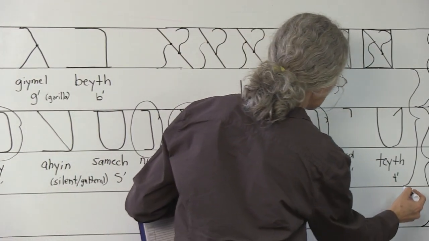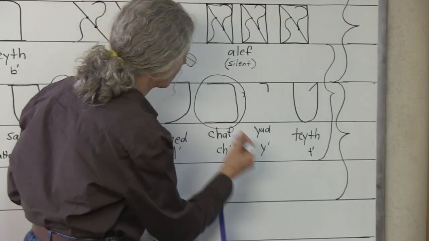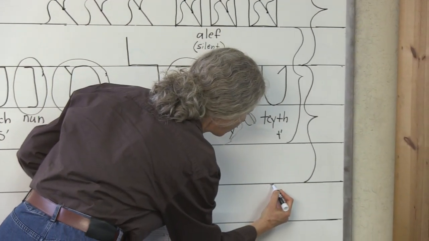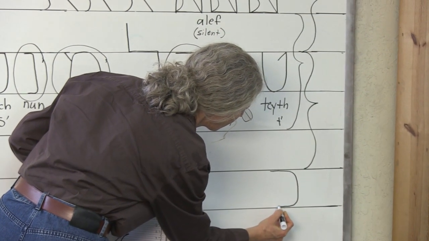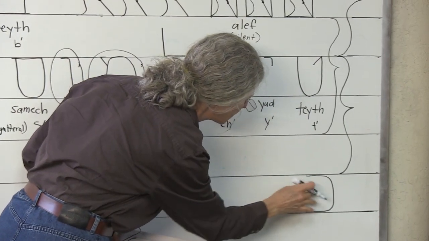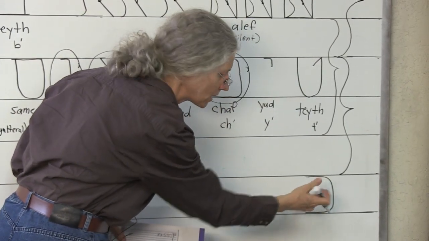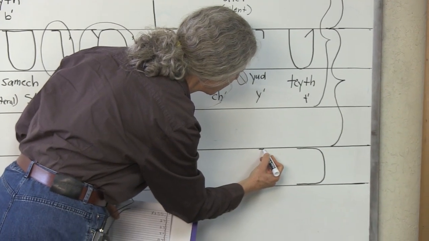So let's see. I'm just going to put the letters on this line here. So you've got the Chaf here. Okay? And the Chaf Sofyth. So when you see the Chaf in the middle of a word, that's what it's going to look like. But at the end of the word, the Chaf Sofyth is going to unfold.